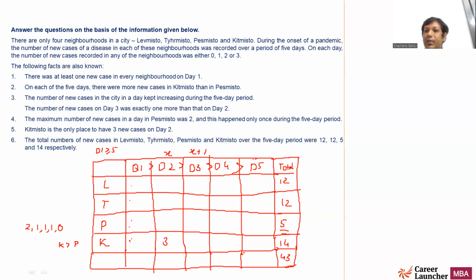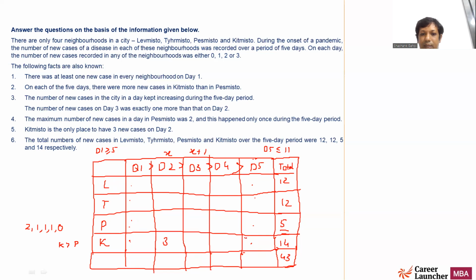It can be 5, 6, 7, 8, it can be anything. The maximum number of cases on D5 can be 3, 3, 3, and 2, so D5 should be less than or equal to 11. So I know all the possible numbers I'm going to fill between 5 and 11, and their sum has to be 43.